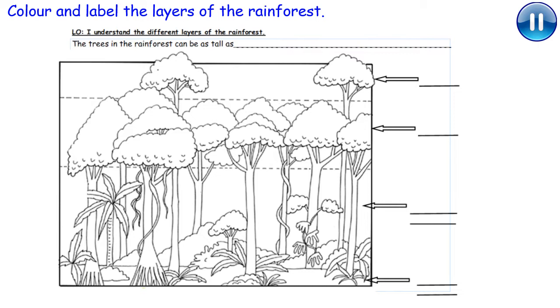Feel free to copy exactly what's on the diagram that I've got on the screen here. But can you see at the side, I've put the lines for you to label the different parts of the diagram. Now, if you need to, just go back a slide in the video and you'll see all the correct names for the different layers of the canopy. But please remember, use a ruler to draw straight lines.